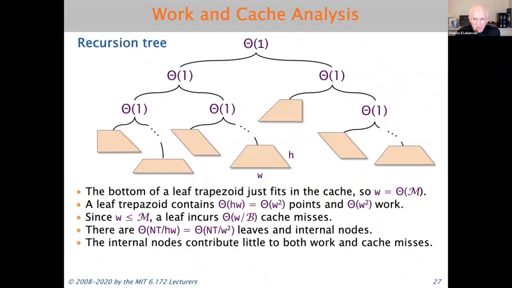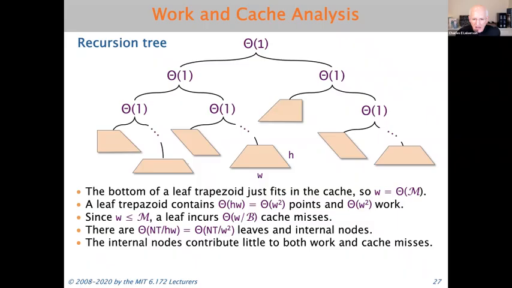So the work and the cache misses for the internal nodes is therefore order NT over W squared, because that's how many we have, and they each cost us about a constant.